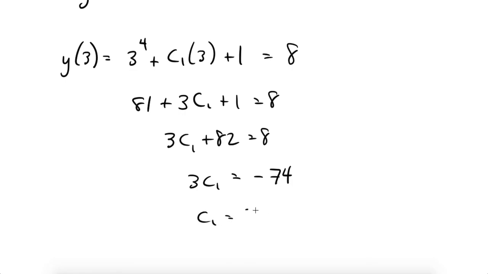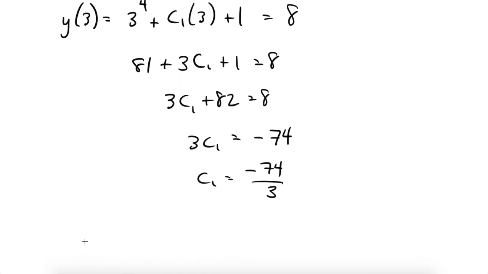So c1 equals negative 74 over 3. And then you can check, is this divisible by 3? Turns out it's not in this case. So here is c1, which means that my original function y is x to the fourth minus 74 thirds x plus 1.